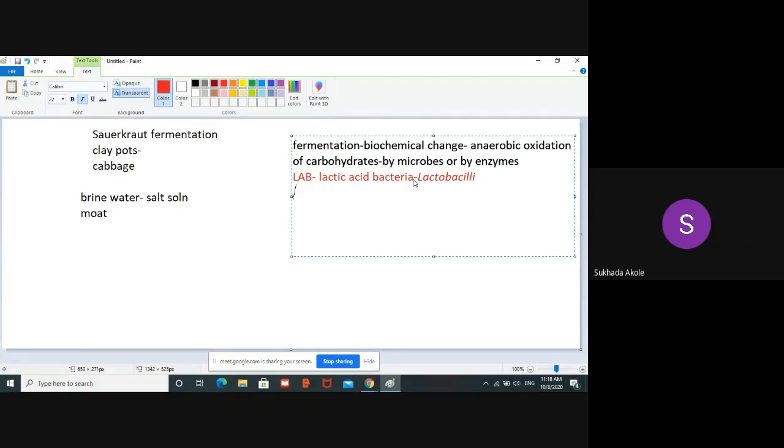These again include lactobacilli and another organism by the name of Leuconostoc. Both are vital for sauerkraut fermentation.